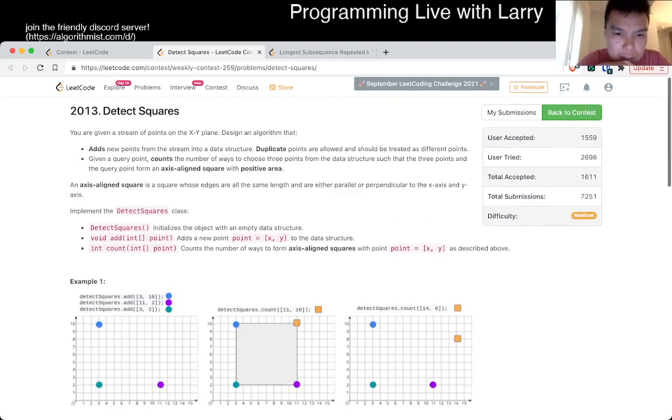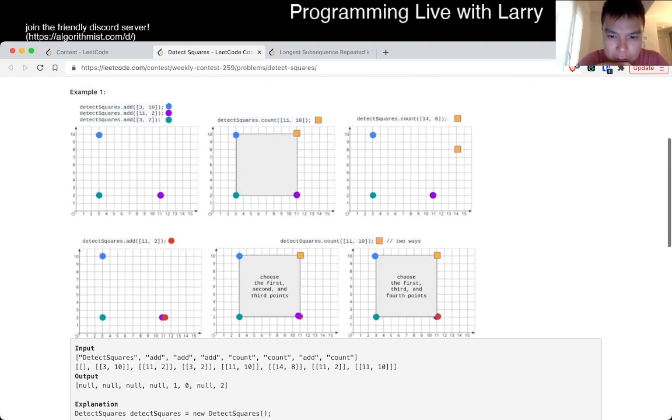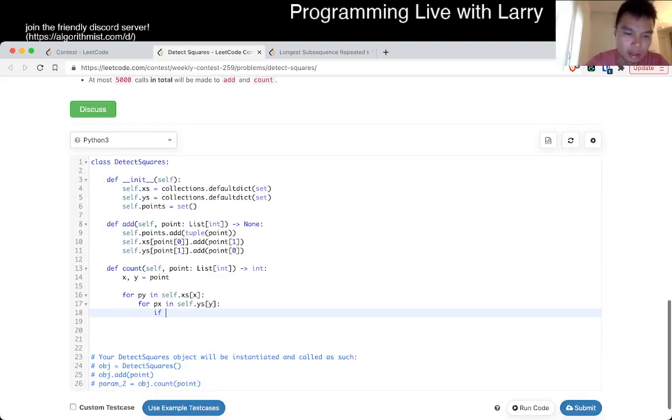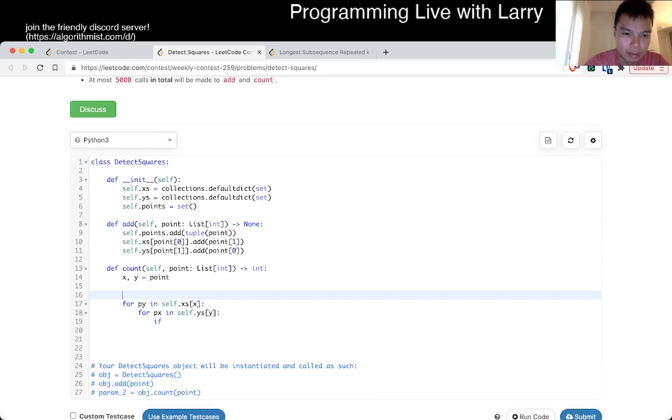What about duplicates? I forget how to do duplicates. Okay, so duplicates, you have to count multiple times. Okay. That's actually a little bit more annoying. Not really, actually.